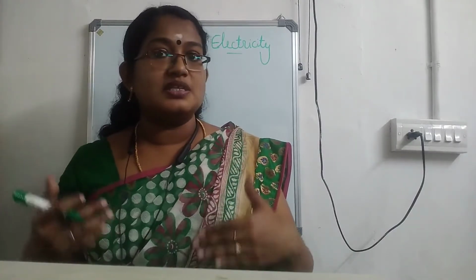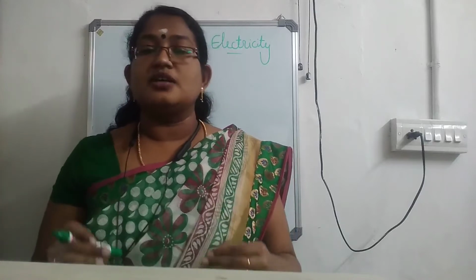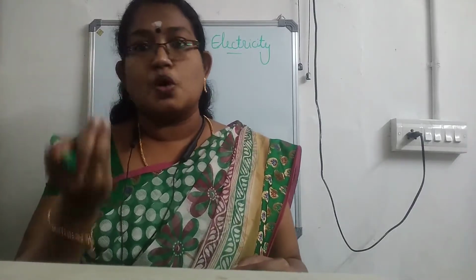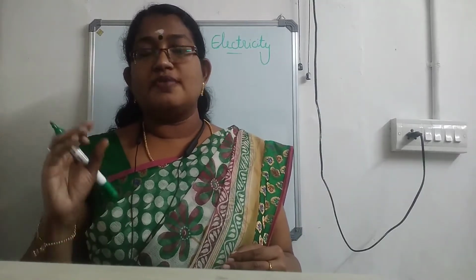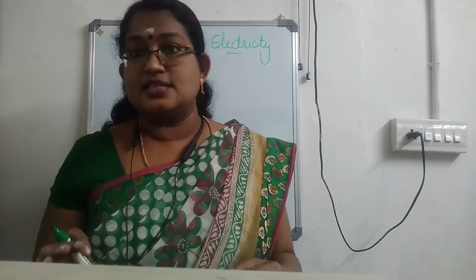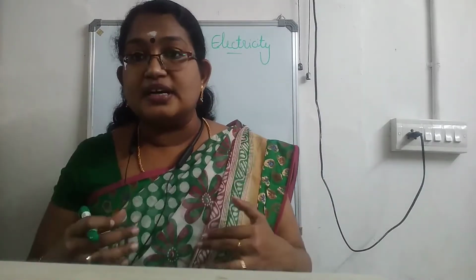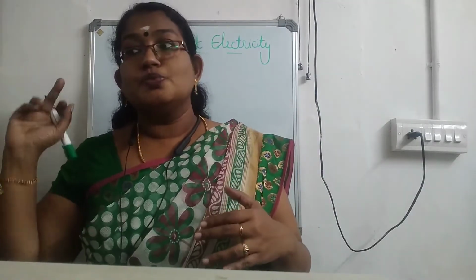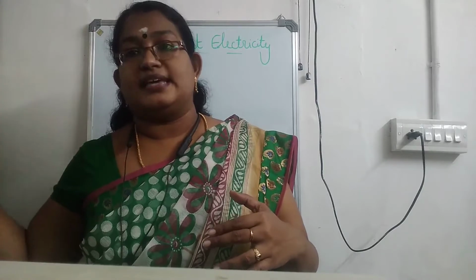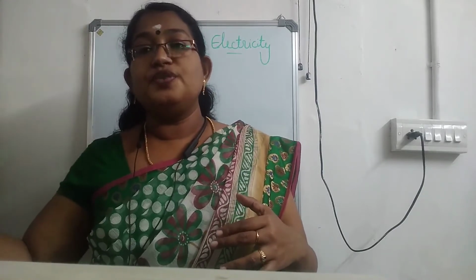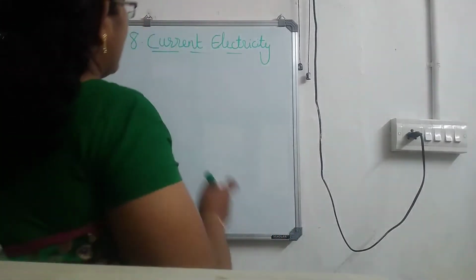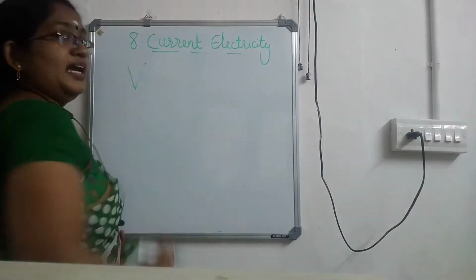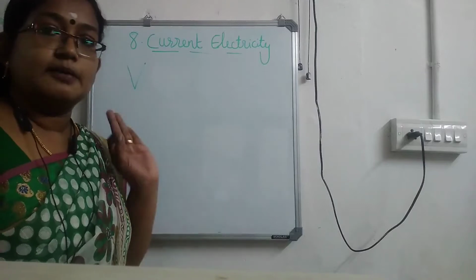So this is what we learned last year, and in this year it is given as a test charge, positive test charge. Test charge means actually a charge of small value. So how much work is done to move a positive test charge from infinity to a particular point, that can be called as electric potential or potential at that point.